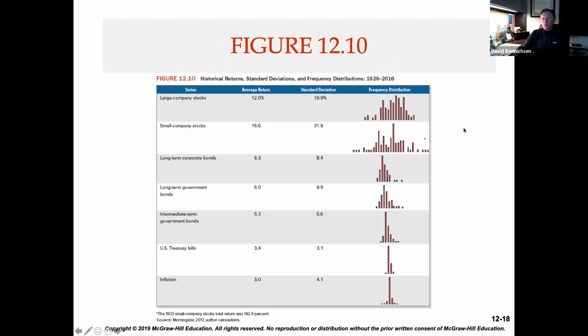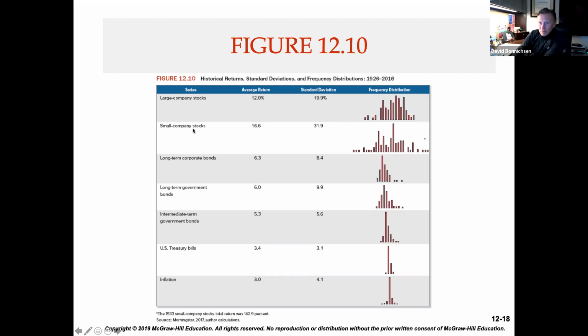And when we look at the frequency distribution for these various asset classes, this gives us an idea of volatility. When we look at large cap stocks as it pertains to small cap stocks, we see we've got a cluster somewhere in the middle of the returns, but we don't have a lot of tails. We don't have a lot of super high returns or a lot of super big losses. It's fairly well contained around the mean.